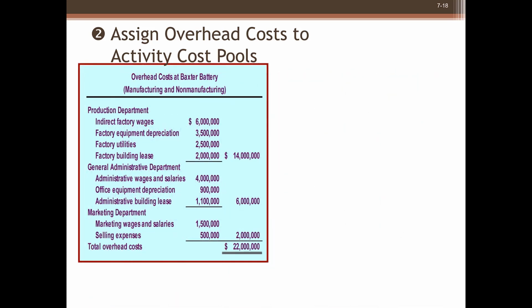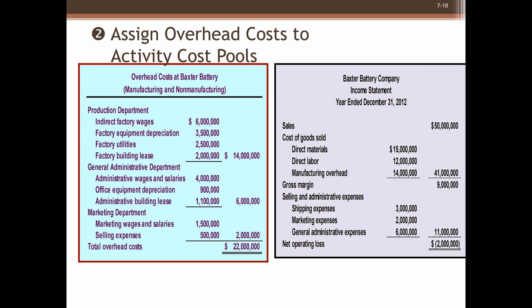If we compare this table with the traditional income statement of Baxter Battery Company, we can match some numbers. Production department cost 14 million. It's reported as manufacturing overhead cost on the income statement, 14 million. General administrative department, which will be reported as expense, 6 million. Marketing department, 2 million.